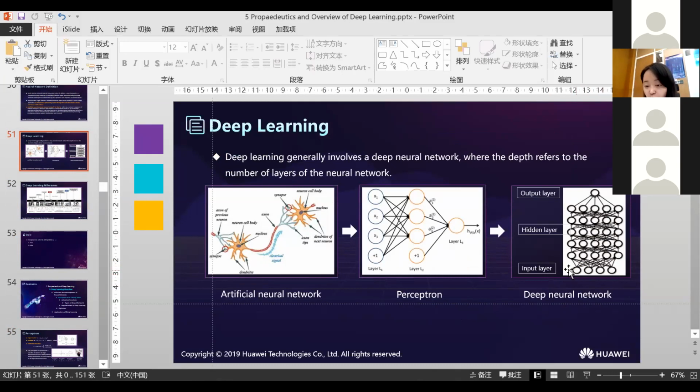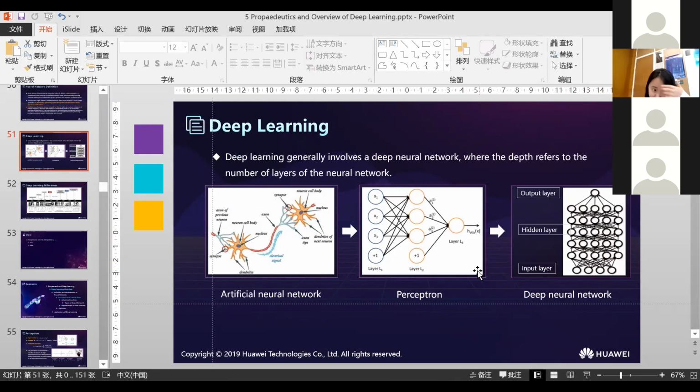We calculate the weighted sum, and it becomes the input to this neuron, where we calculate a weighted sum again. The information from all these neurons will be transferred to this neuron, this neuron, this neuron, also the neurons in the same layer. And then the information from these neurons will be transferred to the final output.